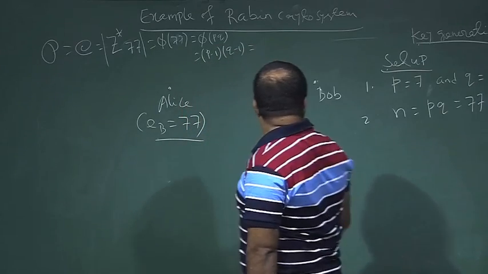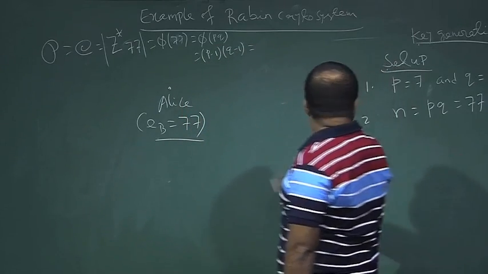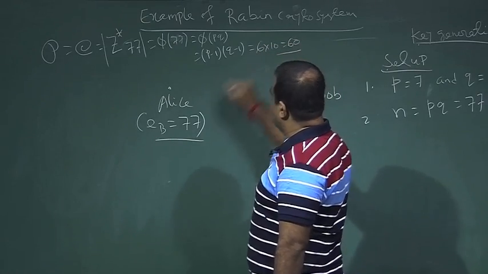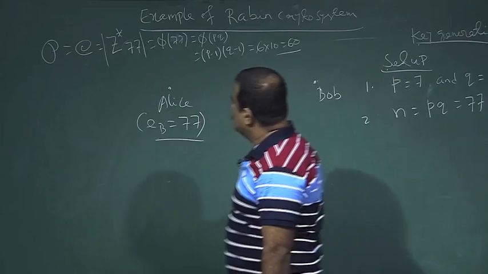That is 6 times 10, so 60 elements are there in the plaintext space.